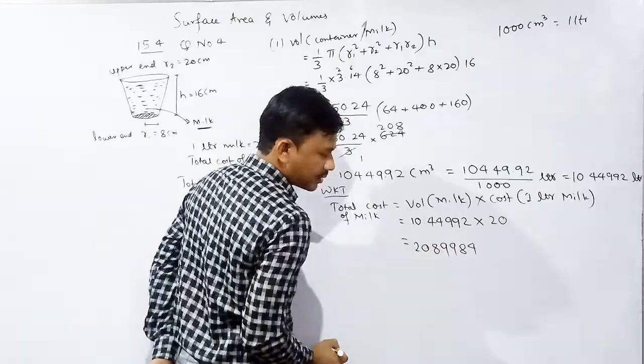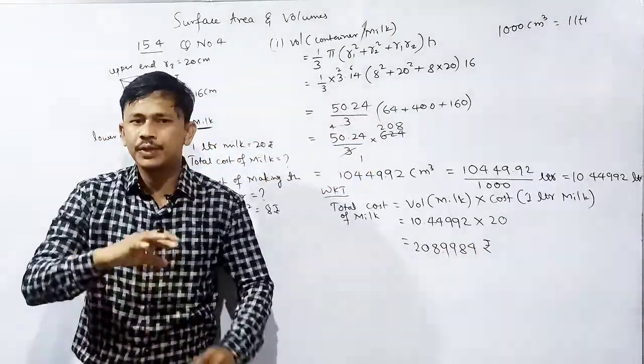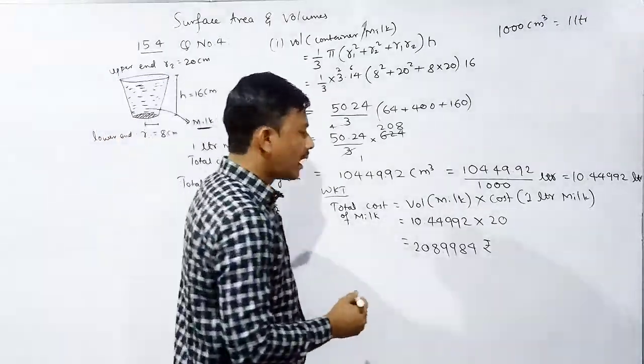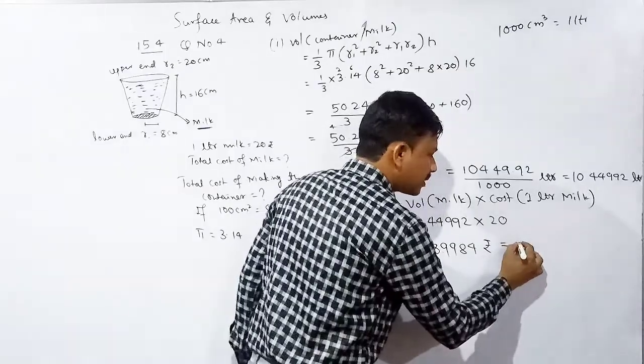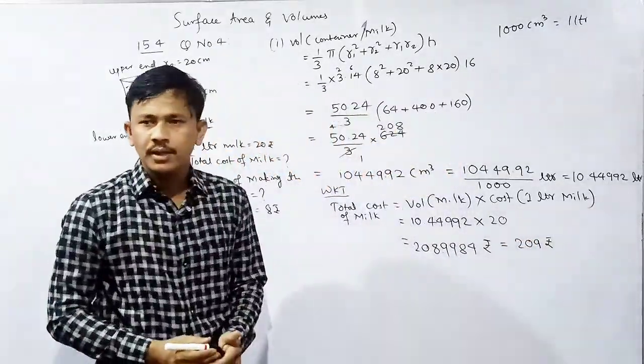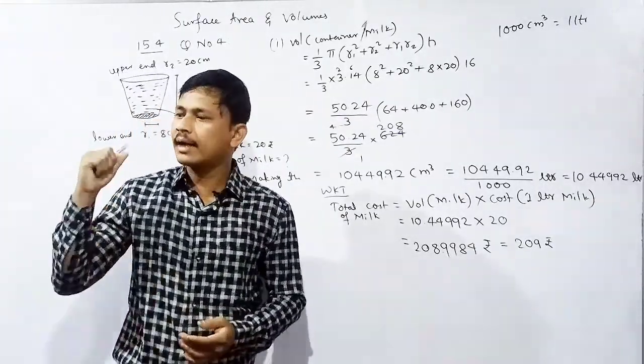This is the cost of total milk. 208.999984 is approximately equal to 209 rupees. Correct?